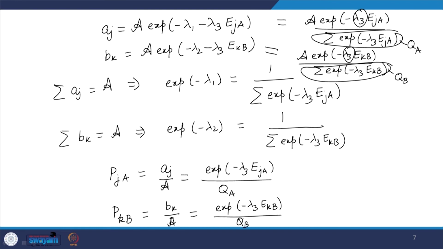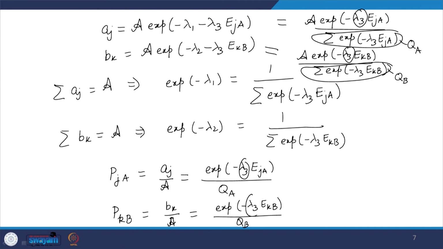So, the probability of having the state Eja for systems A and probability of having state Ekb for systems B, they are themselves different, but both of them are essentially proportional to something like the Boltzmann factor we had, that is exponential of minus of something, and that something contains the same factor λ3.